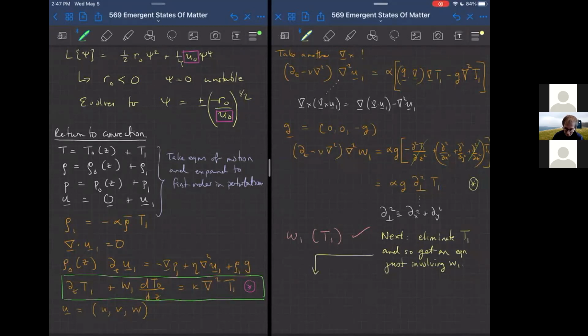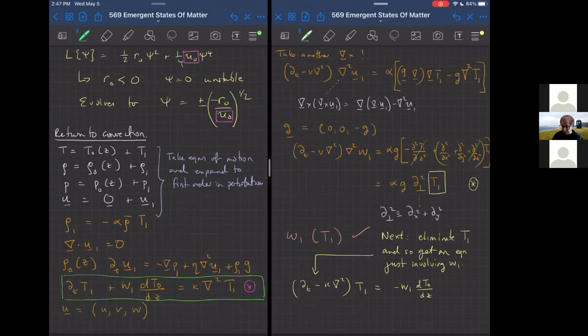Since we know that d by dt minus kappa del squared of T1 is equal to minus W1 dT0 by dz, I've got this factor of T1 here on the right-hand side, which I want to get rid of.